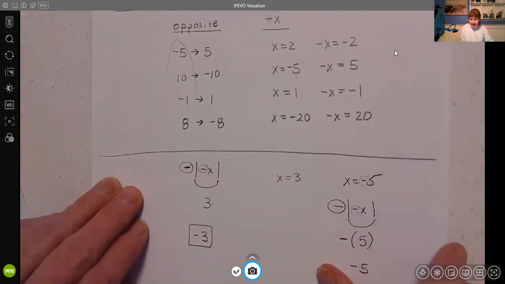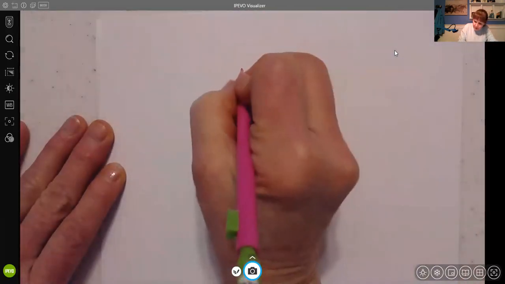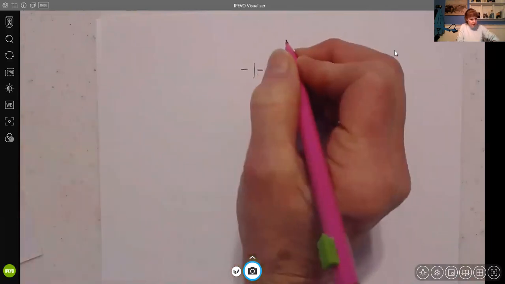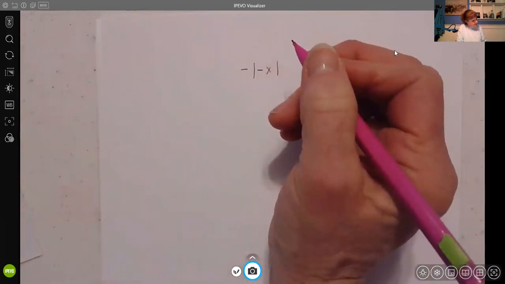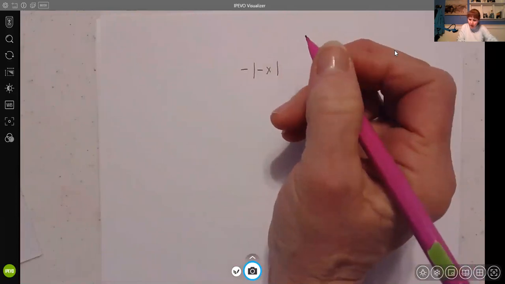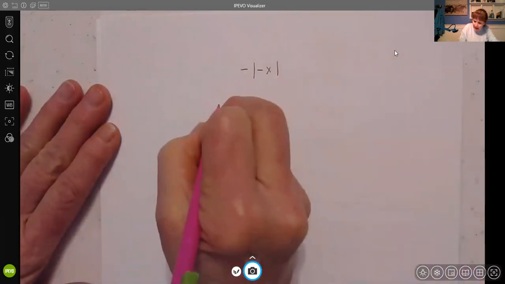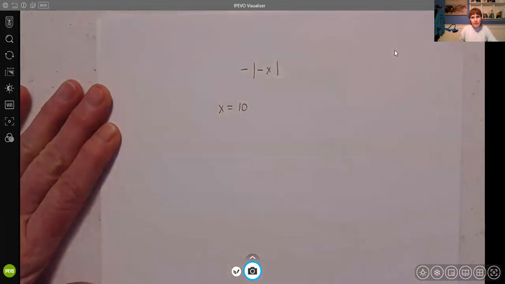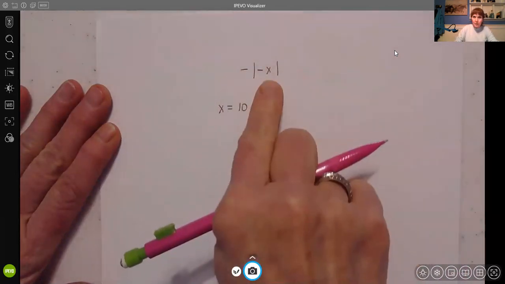Okay, let's try another one of those for this section here. So let's go at the opposite of the absolute value of negative x. And I'm sure that's what they wanted, the opposite of a negative. But let's say that x is 10. What would this be equal to?